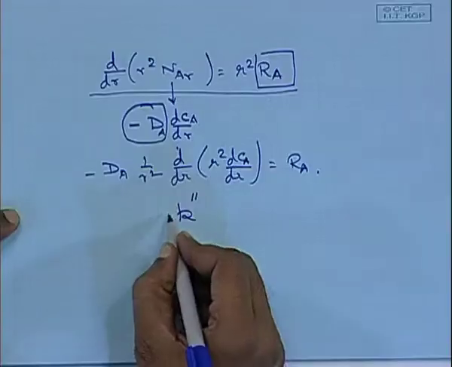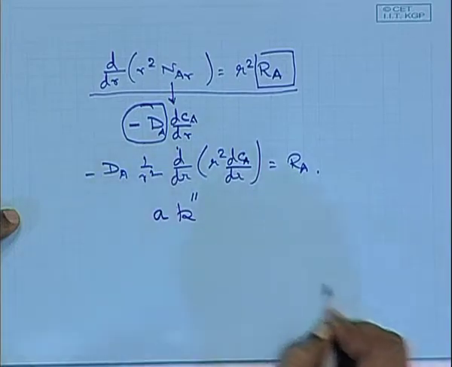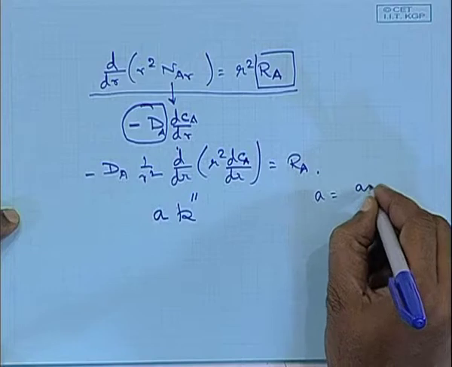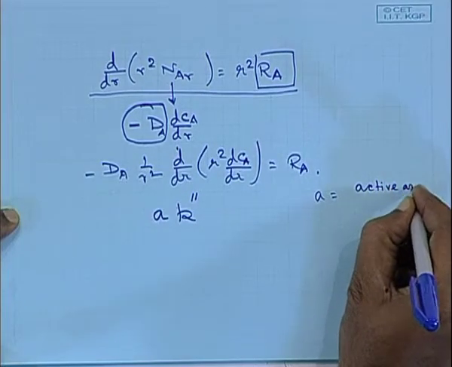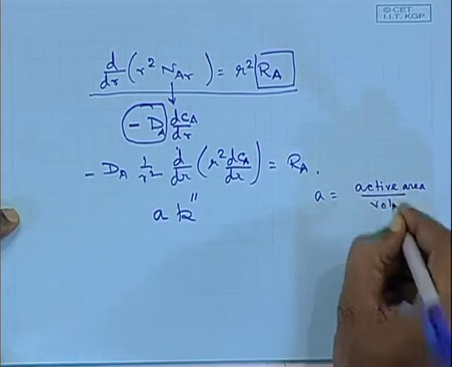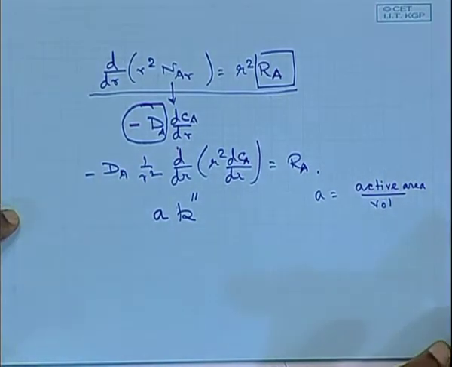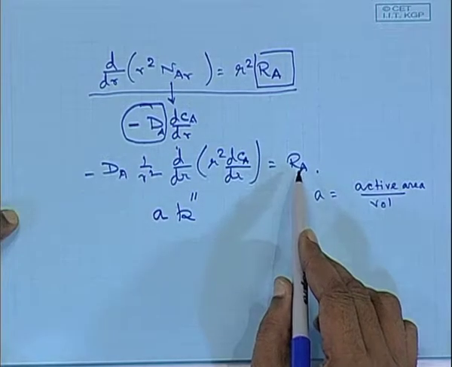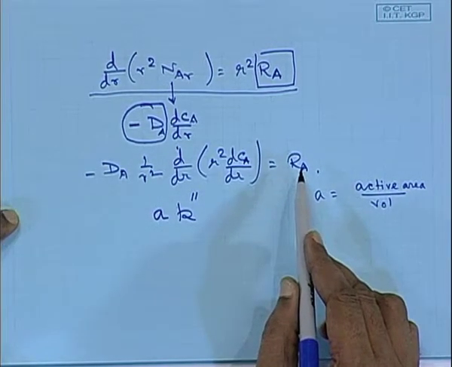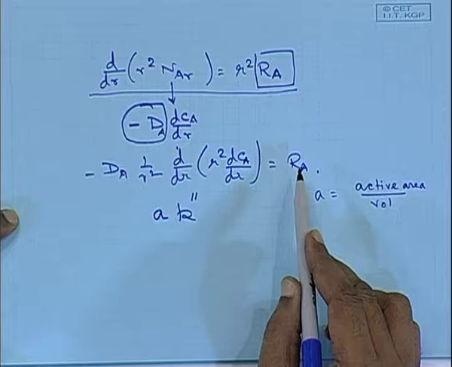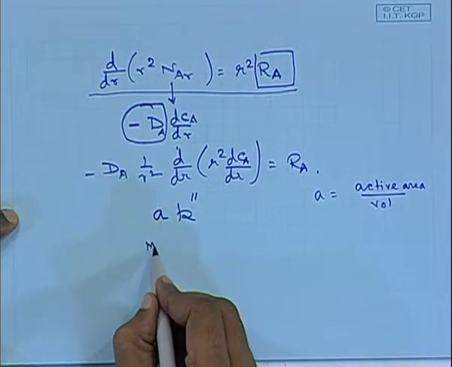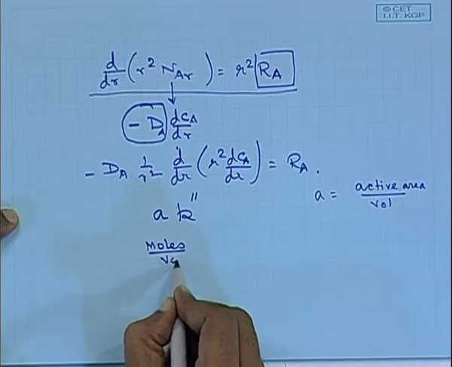That means this K has to be multiplied by, let us say, a factor A, where A is defined as the active area of the catalyst per unit volume of the catalyst, this volume including both the pores and the solid. Then the reaction rate, instead of being a heterogeneous reaction, I convert it to homogeneous, because now it is going to become moles per unit volume.